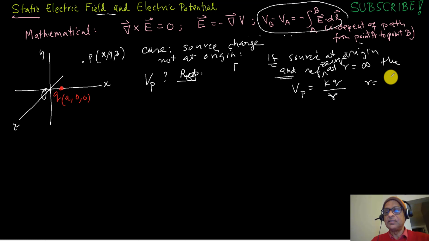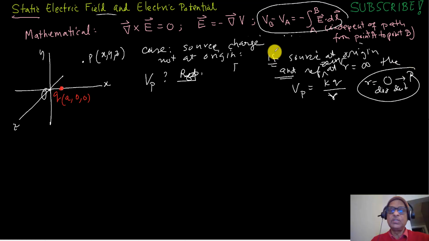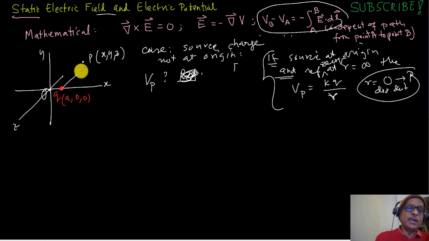The r is the direct distance from the origin to point P. So this we just figured out. In this case, all we need to do is find this direct distance, and this r here is the square root of x minus a squared.